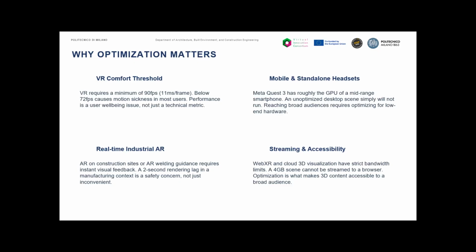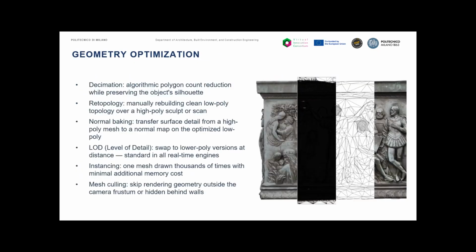Those kinds of applications need very small latency. It's a safety concern. And we will finish with WebXR and cloud-based 3D visualization, where bandwidth and memory constraints are the hard limits. So geometry optimization, we'll go very fast because it's very late, and I know that it's late for everyone.